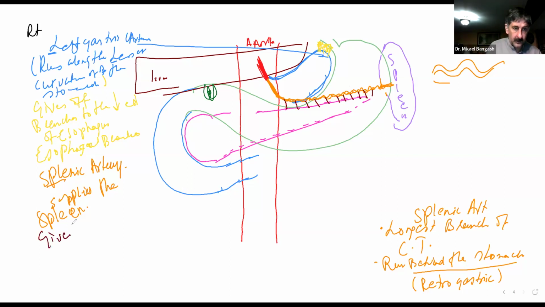On its course, as it runs behind the stomach, superior to the spleen, it's going to give off branches to supply the pancreas.